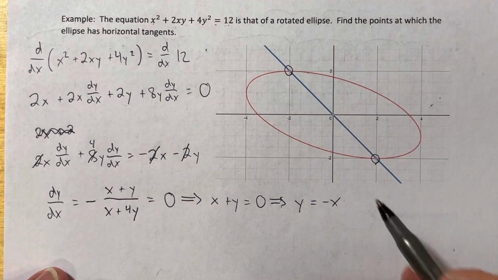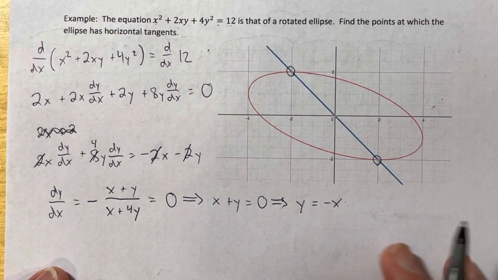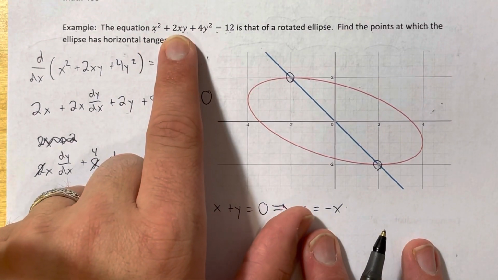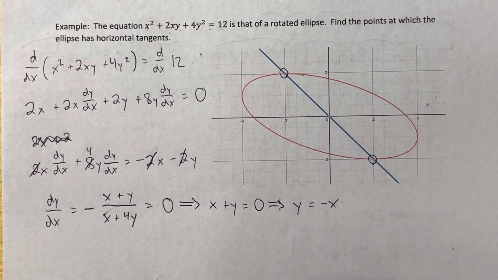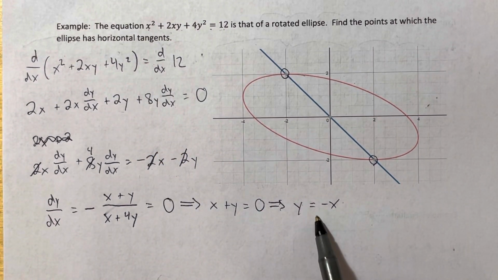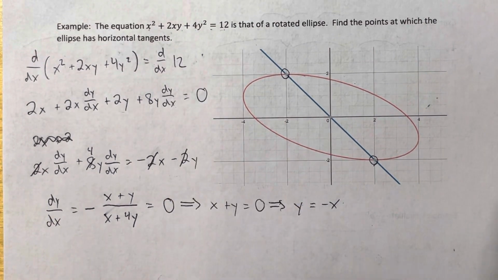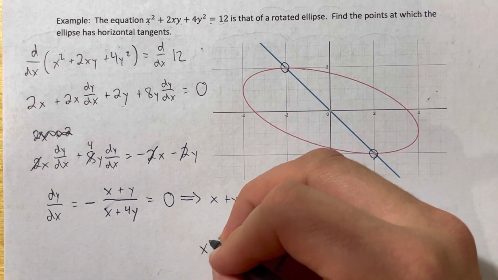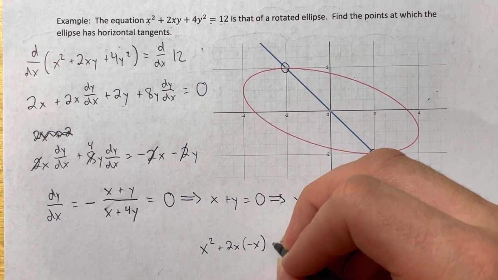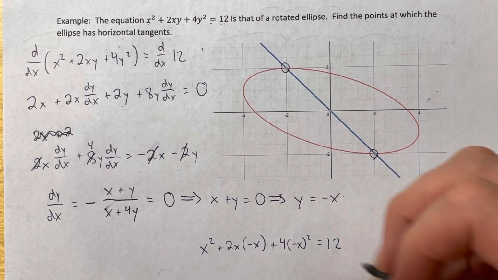So rather than rely on a graph to tell me this, I'm going to take this result and use it as a substitution in the original equation up here and try to find those points algebraically. I'm looking for points on the ellipse where y is equal to negative x. That means anywhere I see a y up here, I can substitute a negative x. That would give me x squared plus 2x times negative x plus 4 times negative x squared equals 12.